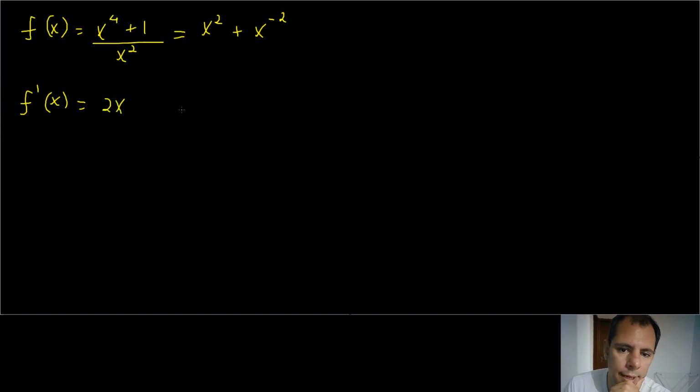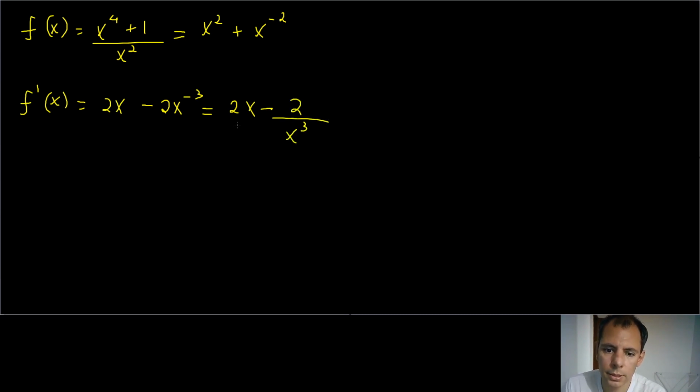So 2x, and then minus 2x cubed, minus 2x to the minus 3. So this equals 2x minus 2 divided by x cubed. This is the formula, right?